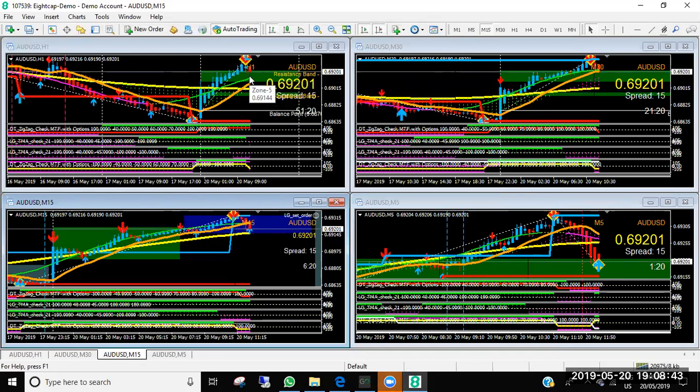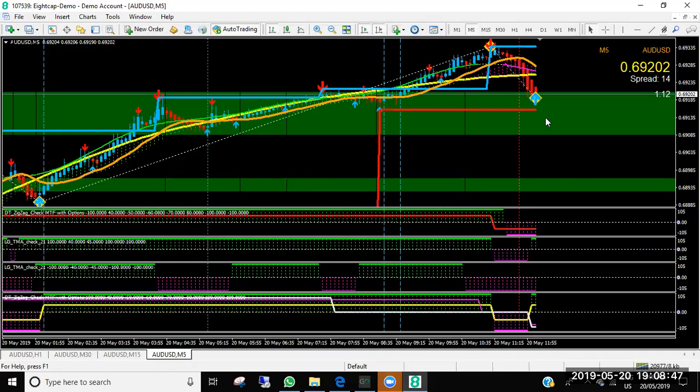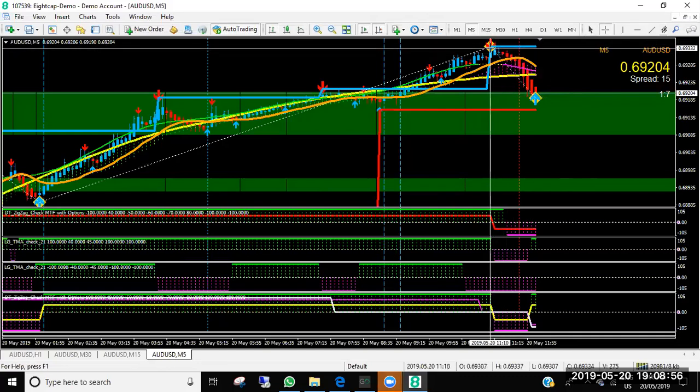But that movement of consolidating down, we see it reflected into 5 minutes. Okay, so it's basically got a confirmed red vertical line.